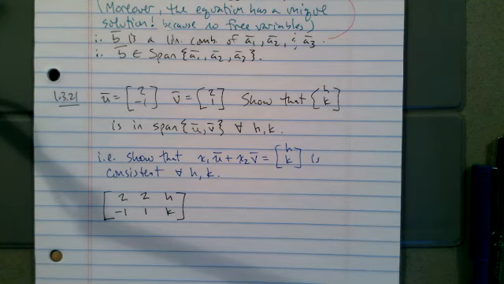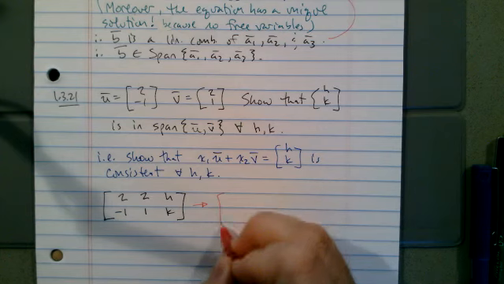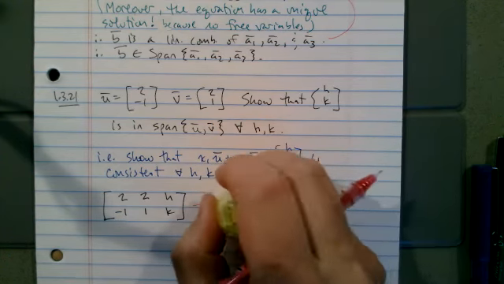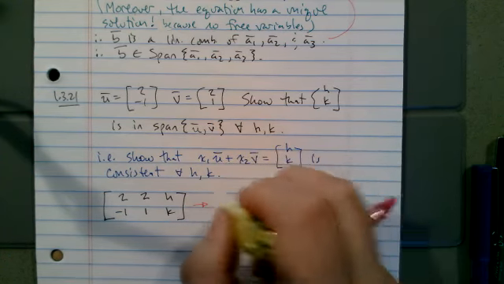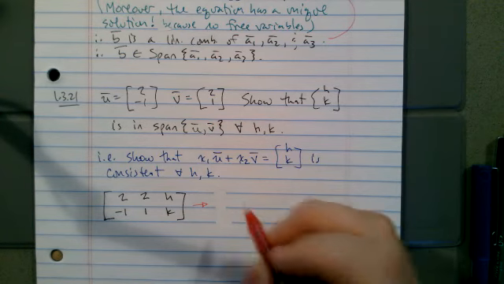And then what we're going to see is that we do not have a pivot in the rightmost column of this augmented matrix. So you're going to perform row operations, and you're going to show that there is not a pivot in the rightmost column of this augmented matrix.